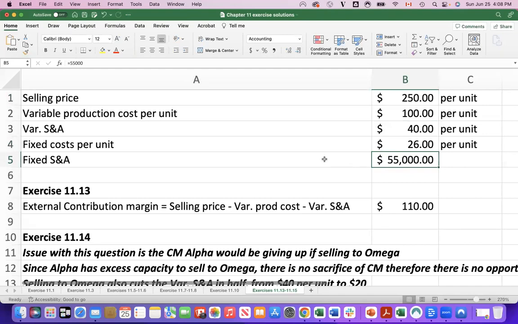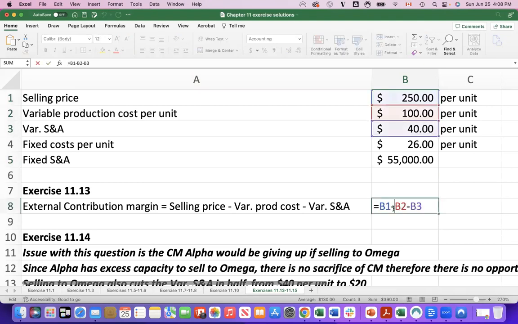So the external contribution margin that Alpha Division was charging, remember, how do we calculate contribution margin? It's selling price minus our variable production costs per unit minus our variable selling and administrative costs. So we're dealing with these three amounts right here.